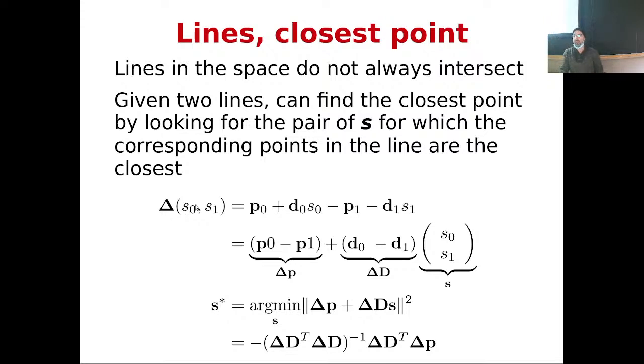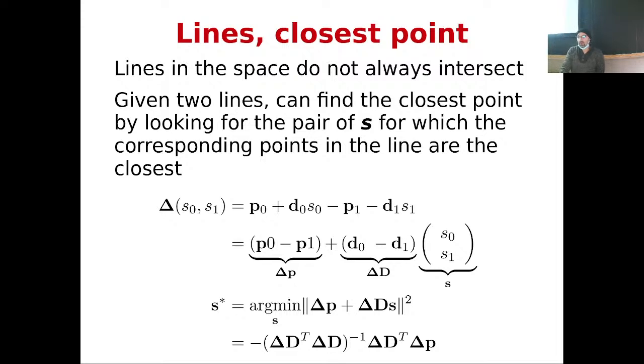Now, given a pair S0 and S1, we would be straightforwardly able to calculate this delta vector. But this delta vector is also our error. It's also the quantity that we want to minimize in S0 and S1. It is an error vector, because we are interested in finding a minimum.